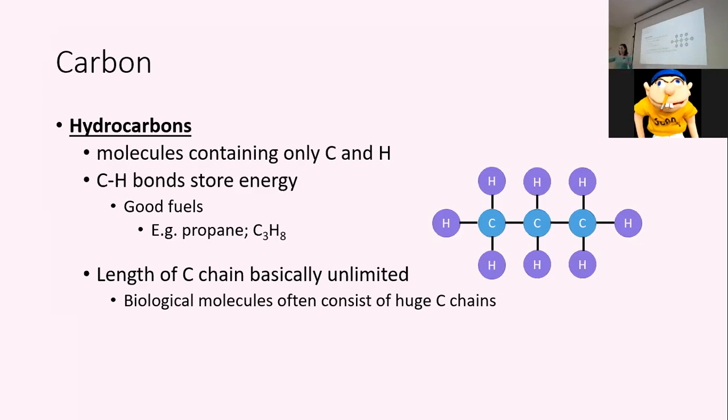It's a hydrocarbon, only carbon and hydrogen. It's these 3 carbons holding 8 hydrogens. So it's just storing energy. All of those bonds are holding energy. Ultimately, the length of this carbon chain is potentially unlimited. And so a lot of these biological molecules that we're going to talk about are huge, molecularly speaking. Huge carbon chains.